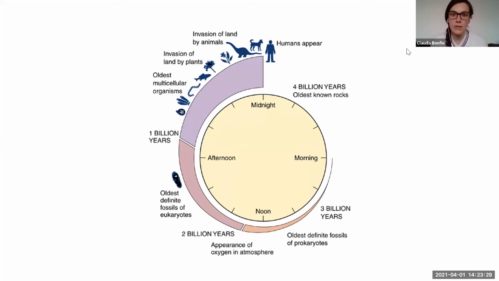So if we imagine shrinking the whole life of Earth into one day, you can see here that we would just appear around midnight, and it takes quite a lot of going back in time, about 4.5 billion years ago, to have the formation of the Earth.